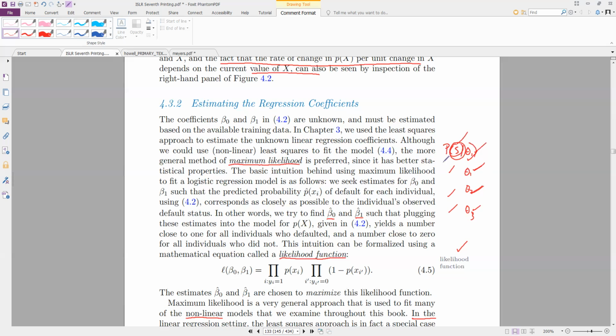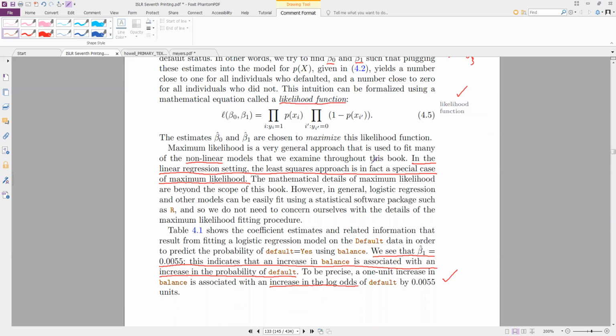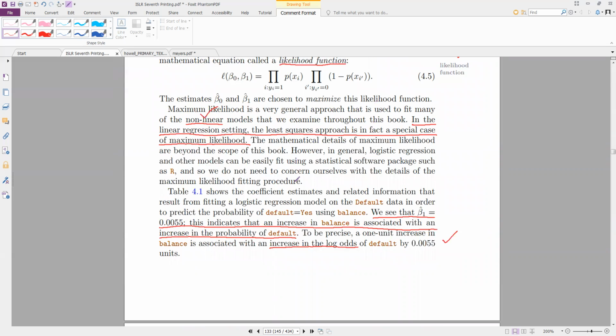That's basically how maximum likelihood works. There's the likelihood function. It's often used in nonlinear models, whereas least squares is used in the linear case for regression. Maximum likelihood often finds its place in nonlinear models, and we'll be seeing it more throughout the book.